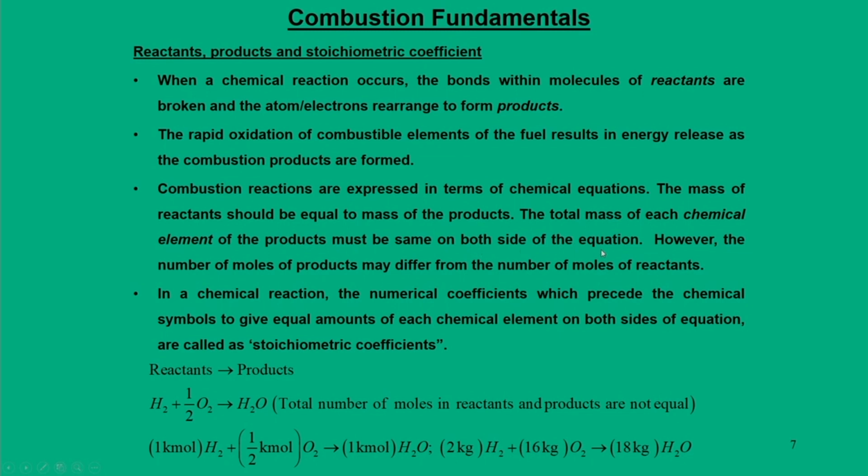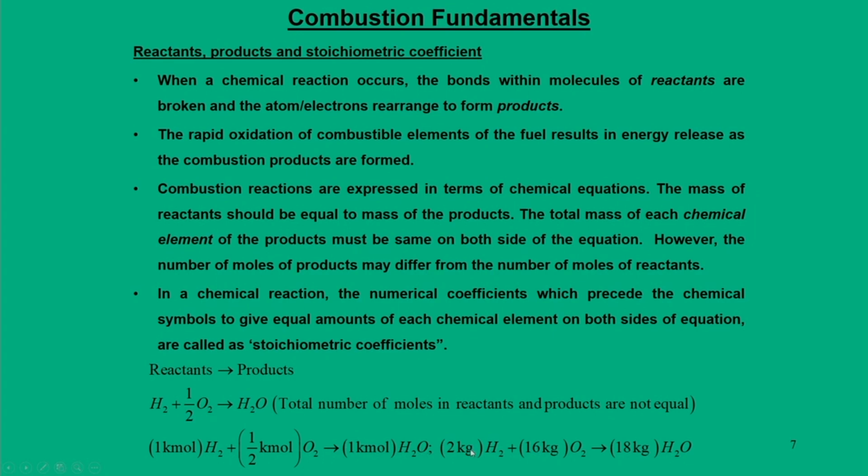However, one important thing is that in terms of moles, the moles may be different. Here, there is 1 kilomole of hydrogen and half a kilomole of oxygen, so when they mix the total is 1.5 kilomole, but the product is only 1 kilomole of water.